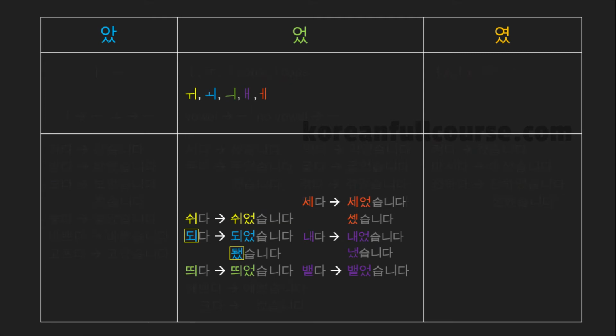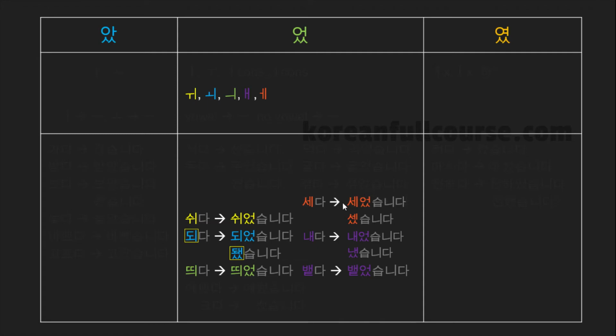Let's move on to the second category. If the last vowel in a stem is one of these 5 double vowels, then use the suffix 었. 쉬다, 쉬었습니다. 되다, 되었습니다 or 됐습니다. 세다, 세었습니다 or 셌습니다. 내다, 내었습니다 or 냈습니다. 뱉다, 뱉었습니다.